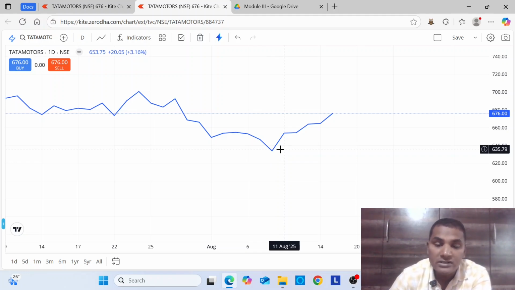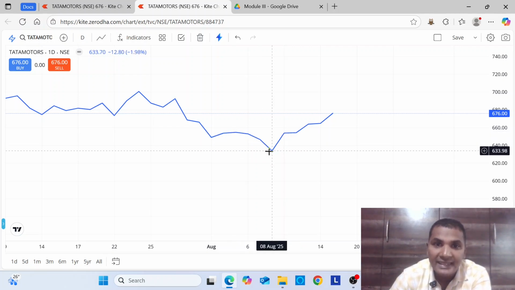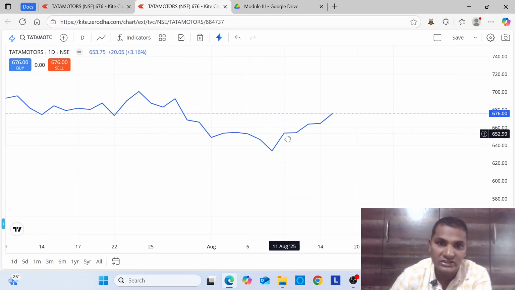Then on 11 August, this stock closed at the price of 653. So we are just connecting the closing price of that day and we are getting the line chart.